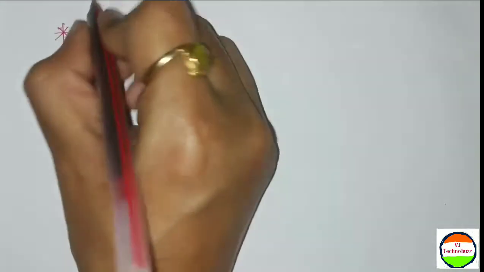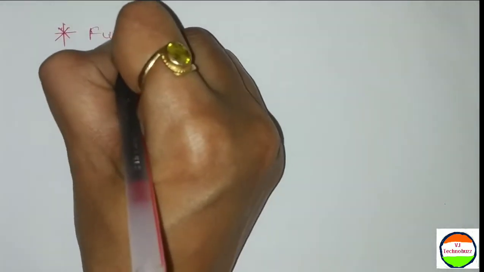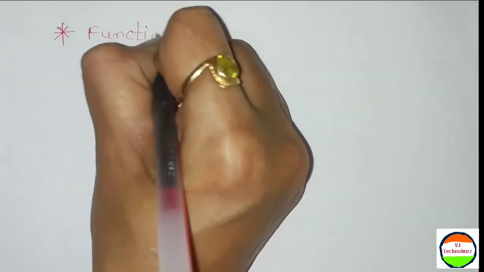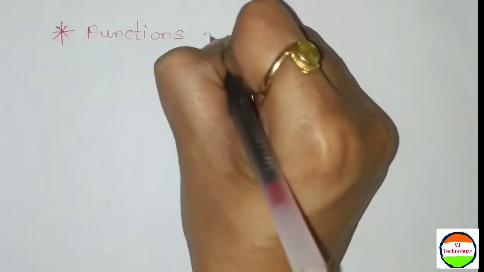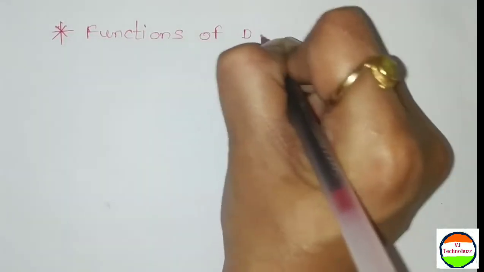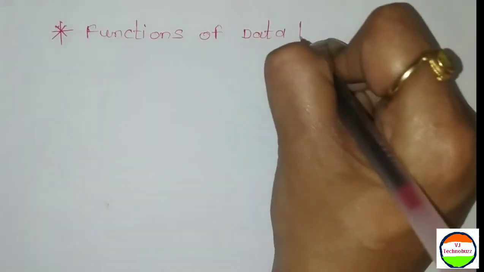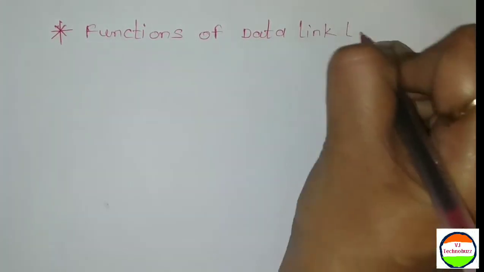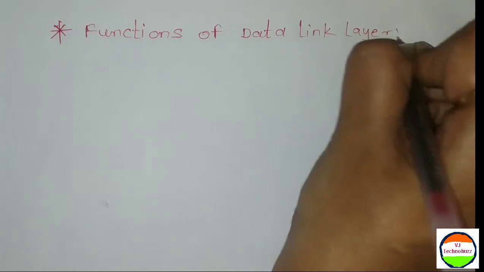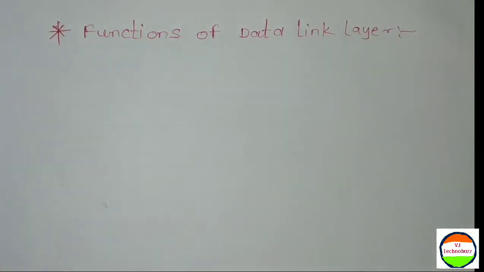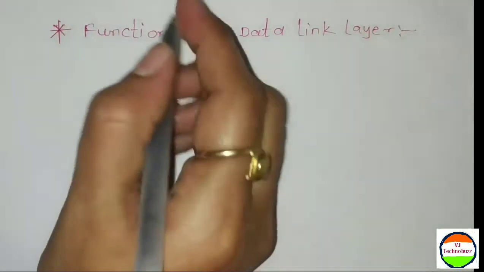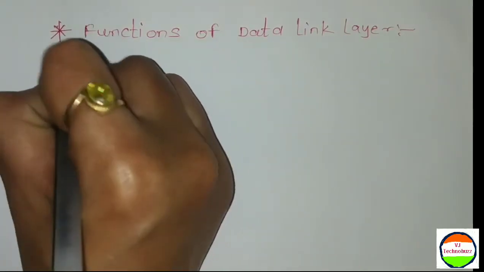Now let's see the next point, the functions of the data link layer. The first function of the data link layer is framing.